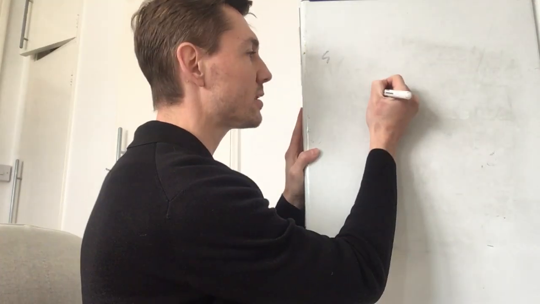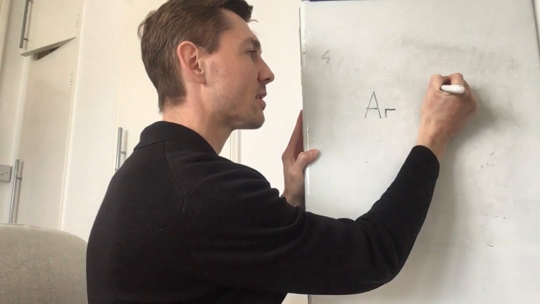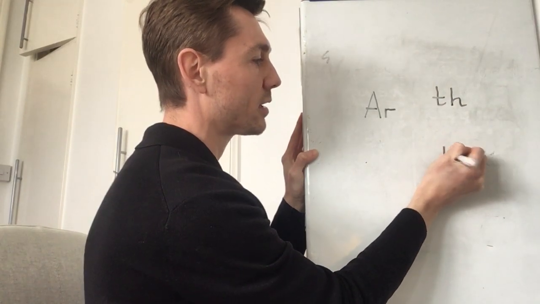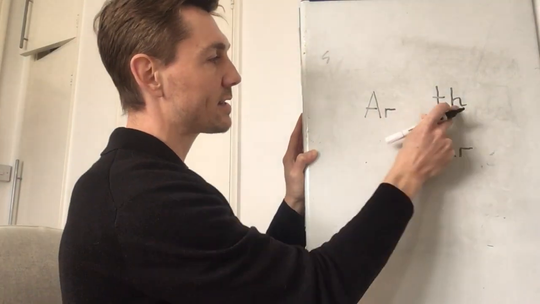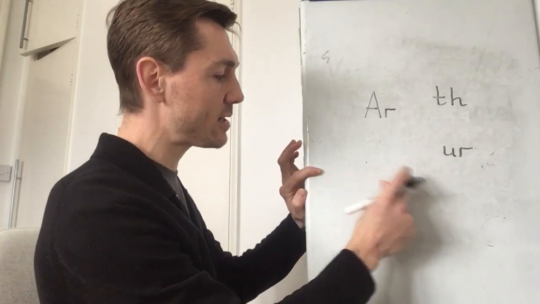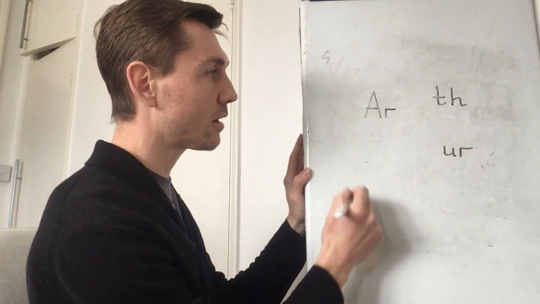The first word that I'd like you to build using these sounds is the name Arthur. Say the sounds and build the word Arthur. Remember to say the sounds to write the word, say the sounds to read the word. Off you go.